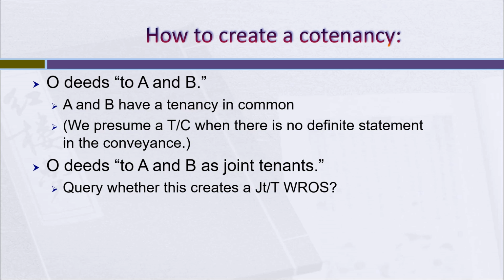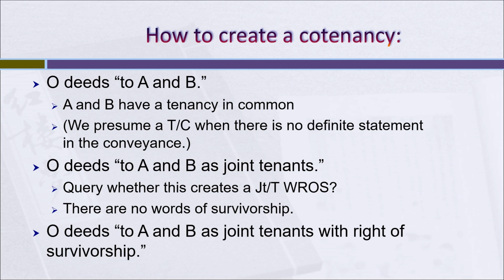In some states, because the grantor didn't say with right of survivorship, A and B would end up with only a tenancy in common instead. Other states would say the intent to make it a joint tenancy with right of survivorship is sufficiently clear and will give A and B a joint tenancy with right of survivorship, even though there are no words of survivorship.